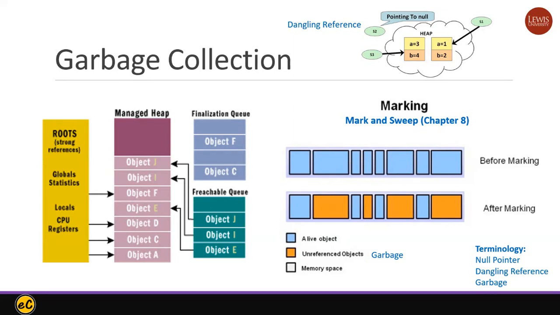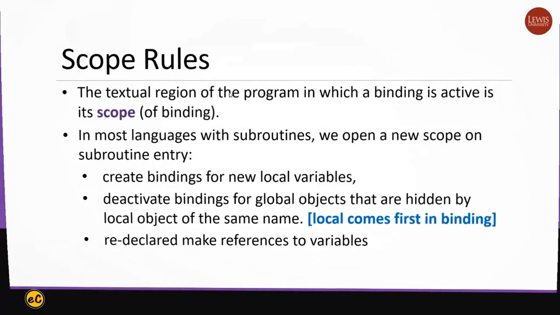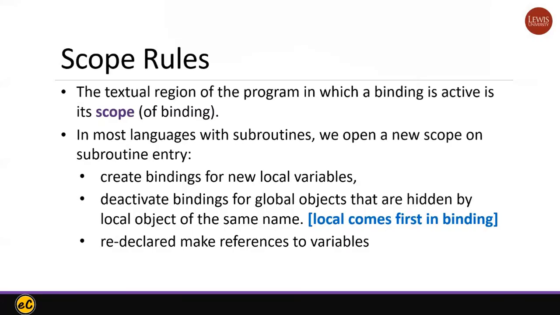So that is some extra work to do. Okay, so these are the garbage collection rules. Scope rule is to see when some binding is active. So you need to know whether right now it is a local scope or a global scope. It's called the scoping rule. This is a little bit challenging.